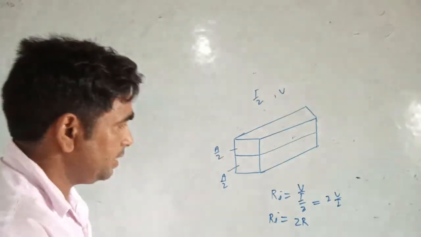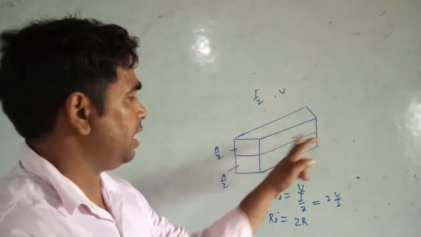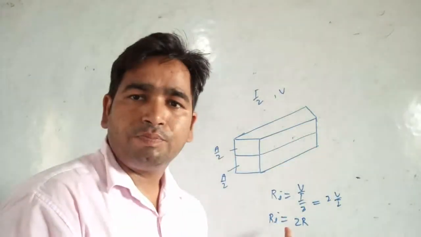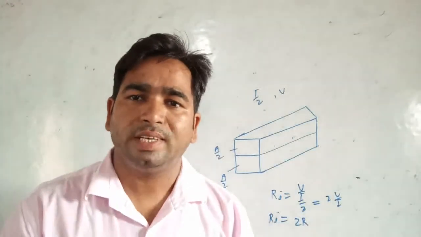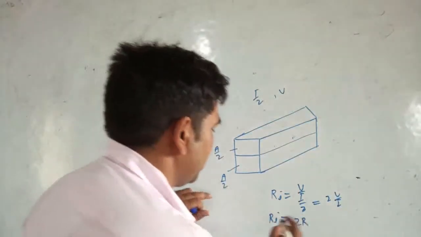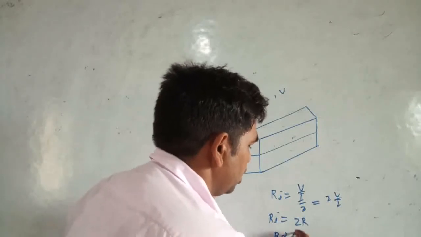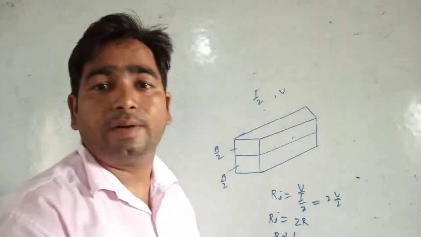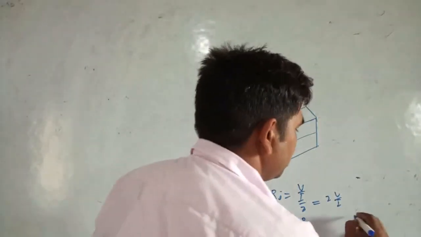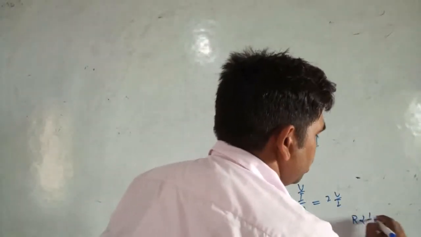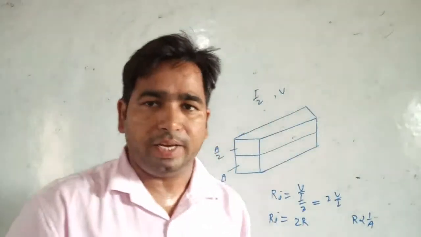You find that when the cross section area is halved, the resistance is doubled. That is, R is inversely proportional to the cross section area.